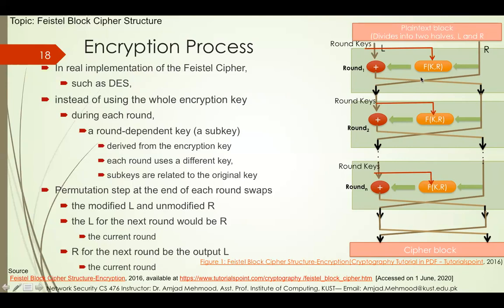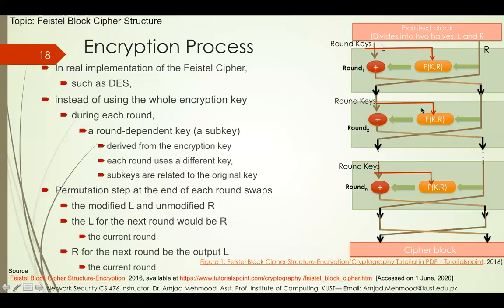On each round a sub key is generated from the original key, and then the permutation step is performed at the end of each round. In the permutation step, swapping is done. R goes unchanged, whereas on the left you get R and the sub key generated from the original key, and then we XOR and pass it to the next round's right half.